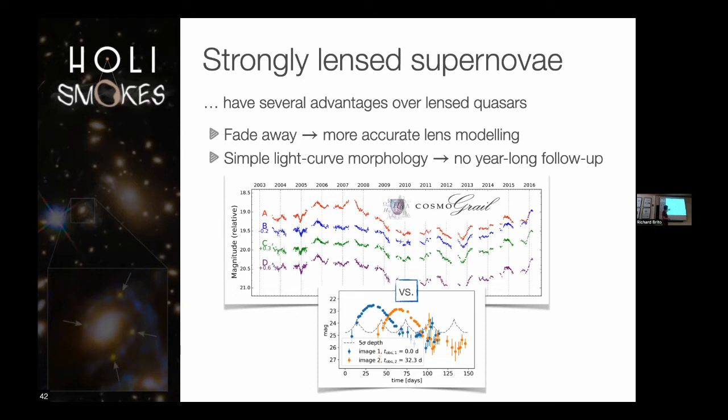With such erratic light curves, you need a long temporal baseline to really get a good time delay. Supernovae have much easier light curves. Typically if it's a type 1a supernova, you have a smooth rise, a smooth peak, and then a smooth decline. And so getting a time delay by matching them is much, much easier, even if there is some microlensing distortion.